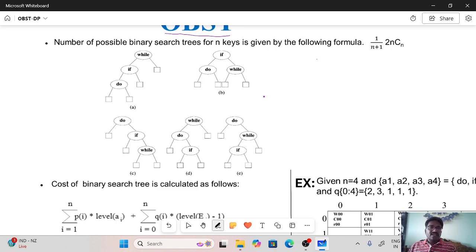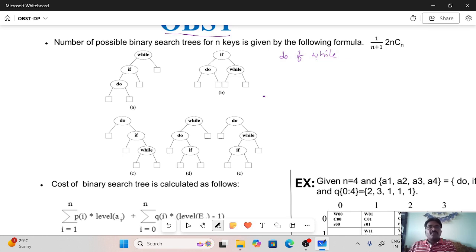Here the value is nothing but the dictionary words, like do is smaller than if, and if is smaller than while. So when we have these 3 elements, do, if, while, as our keys or nodes, we have 5 ways to construct the binary search tree. Observe, this is the first way, this is the second, this is the third, this is the fourth, and this is the fifth way.